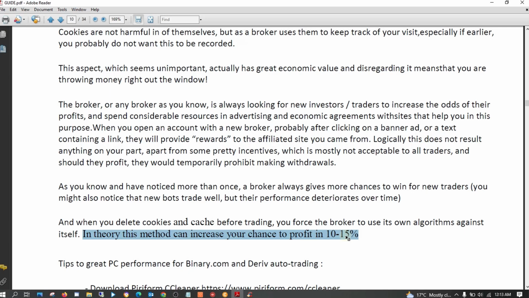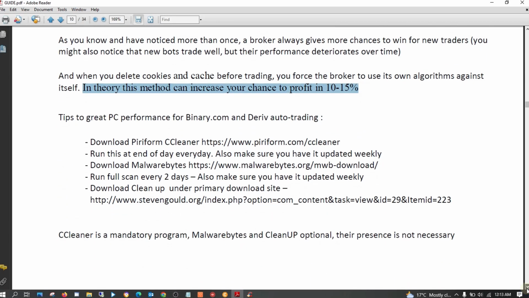So if you clear your cookies, if you've been winning 20 trades, then you will now be winning 22 or 25 trades. Okay, now you have increased your chances to win by 10 to 15% of what you've been winning. Not 100%, but 10 to 15%.